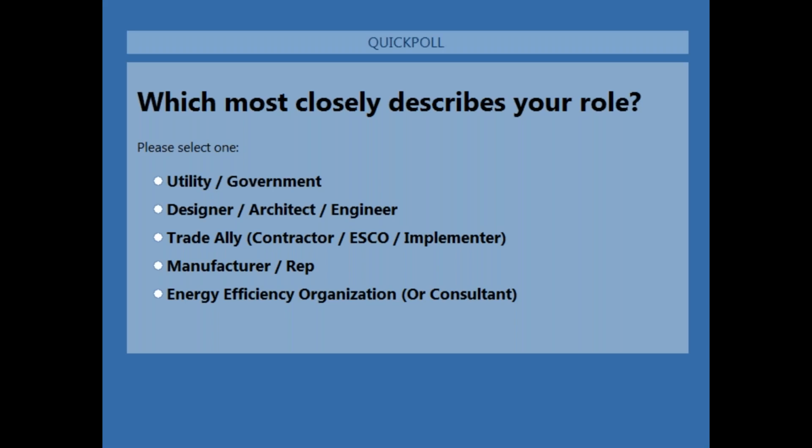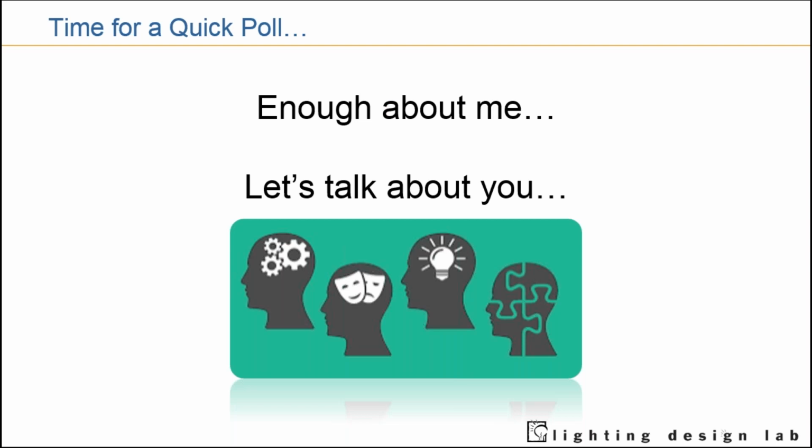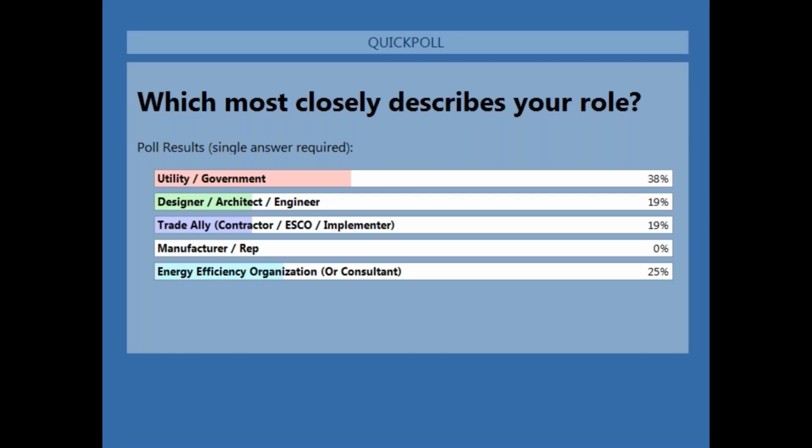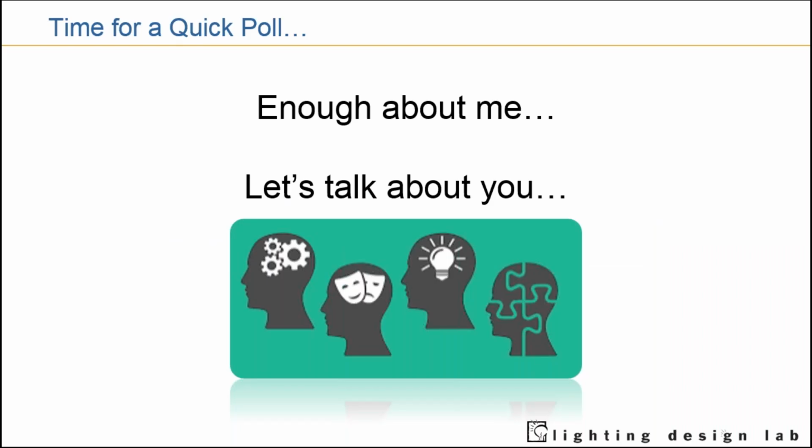All right, thanks again. I'm going to keep it open 3 more seconds. All right. So again, pretty even spread. Thank you to our utility and government folks for coming in as the majority, but a couple of design allies, trade allies, and energy efficiency organization professionals. All right. A nice, pretty even spread.